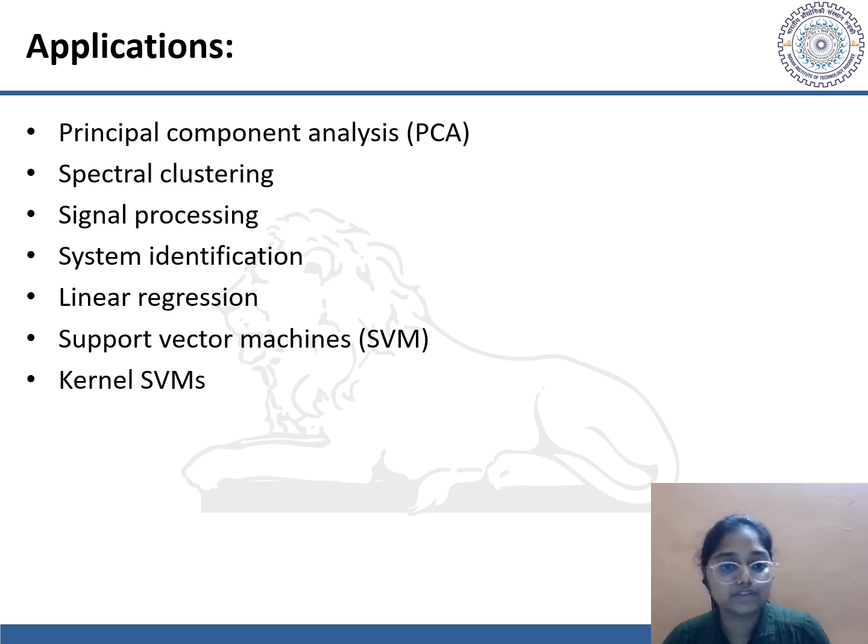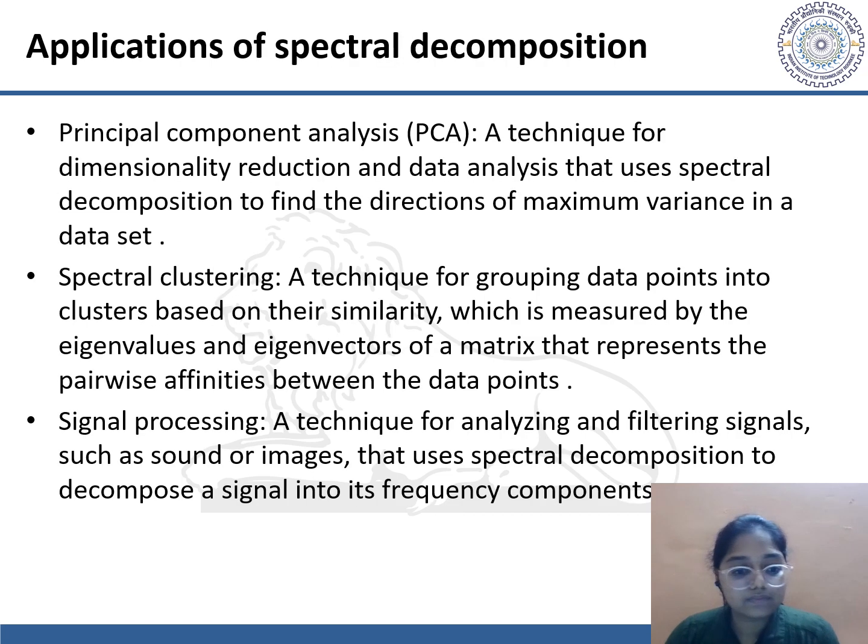For example, it is used in PCA, principal component analysis, spectral clustering, signal processing, system identification, linear regression, support vector machines, kernel SVMs, etc. Here I'm going to briefly talk about how spectral decomposition is used in a few of these fields.